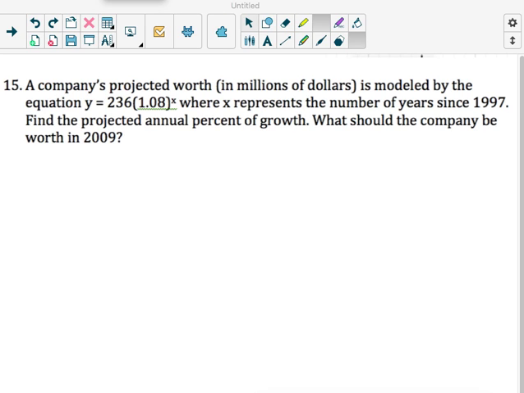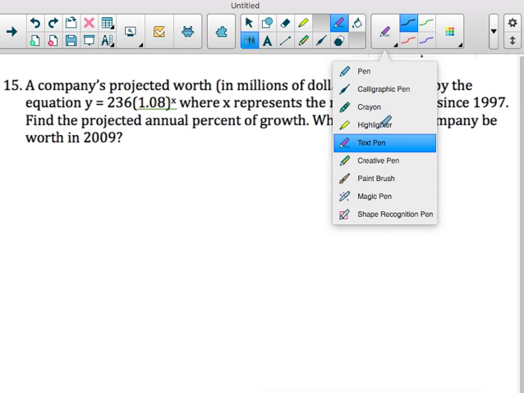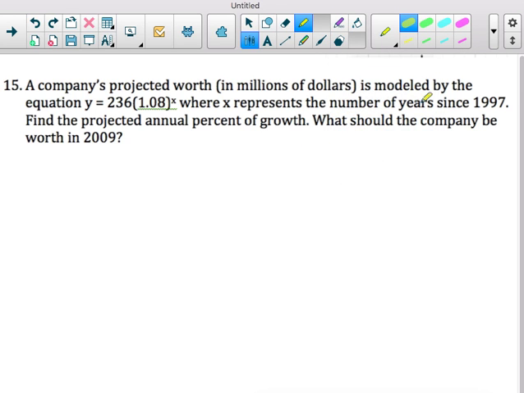Okay, Math 1 students, here's problem number 15 from our study guide. It says a company's projected worth in millions of dollars is modeled by the equation y is equal to 236 times the quantity 1.08 raised to the x power, where x represents the number of years since 1997.